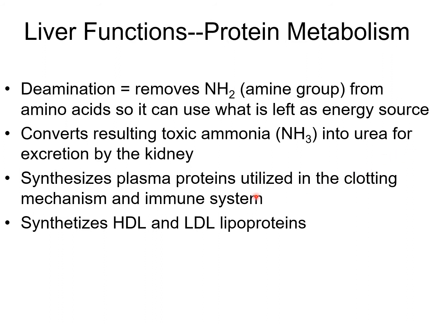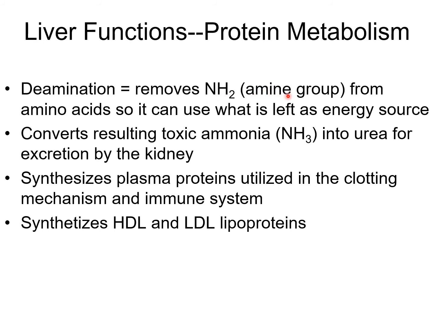Taking a look at protein metabolism, what the liver can do with regards to proteins. So the liver can change amino acids as they are coming to the liver. Deamination is a common chemical reaction that is carried out by the liver.